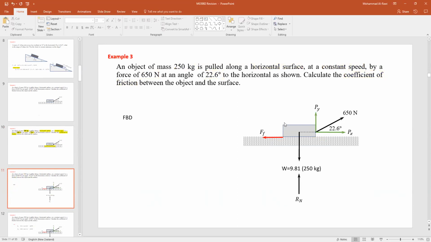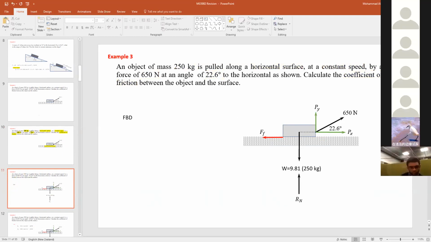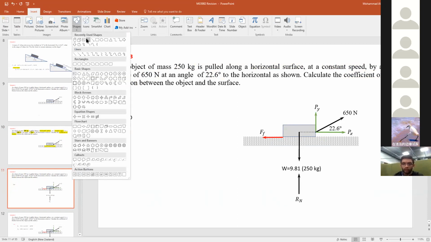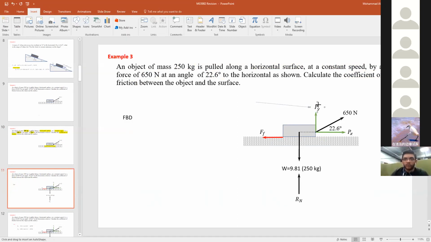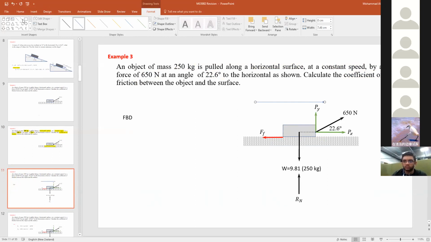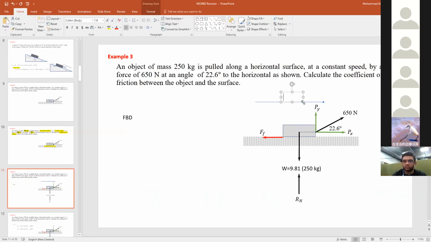So what will this diagram tell you? First of all, you have the mass times gravity acceleration 9.81, which represents the weight of the object. Since the 650 newton force is moving that way, I need an arrow to show the direction of motion, DOM.